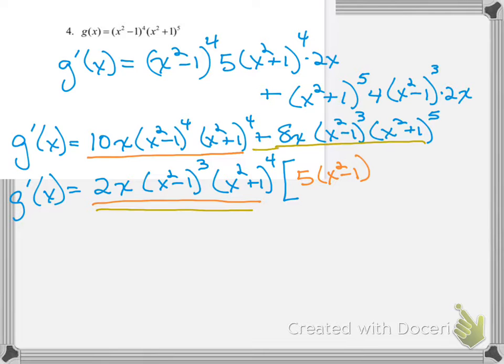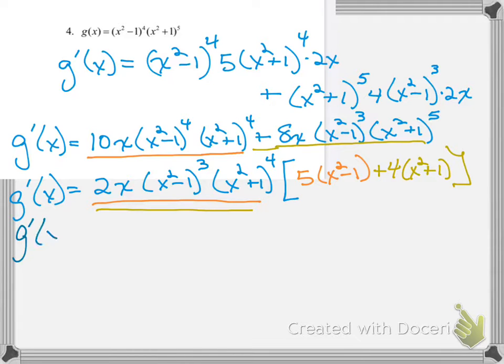So I'm going to bring my addition sign down. I have a 2x. I need a 8x. That's going to be a 4. X squared minus 1 to the 3rd matches. So I just need one of the x squared plus 1s. Okay, close your bracket. Okay, so now we're going to bring things together.